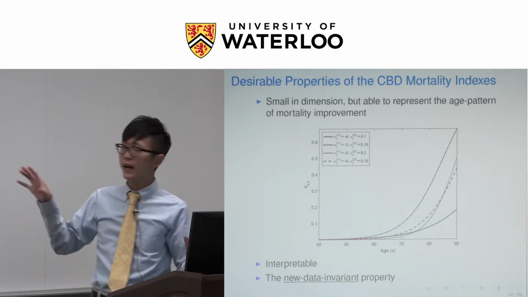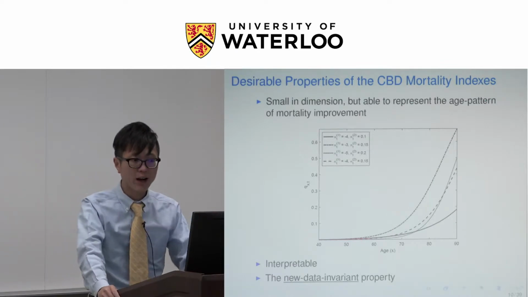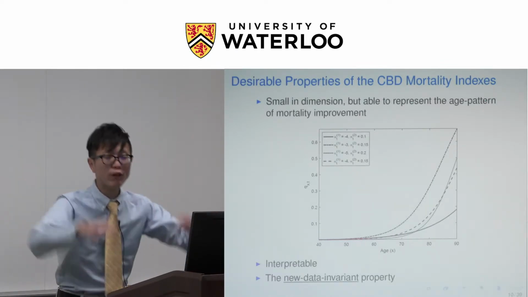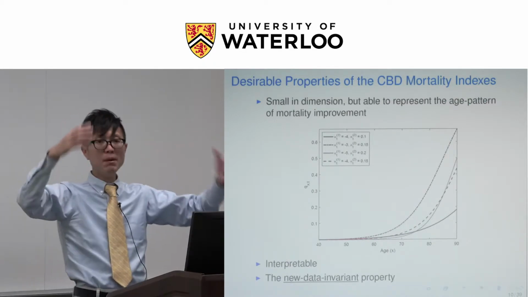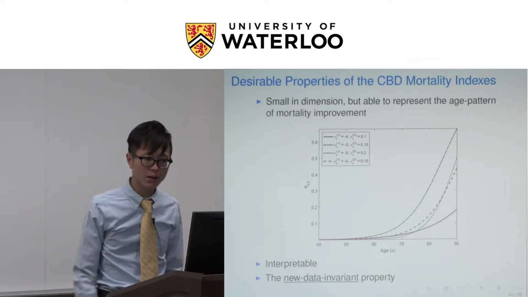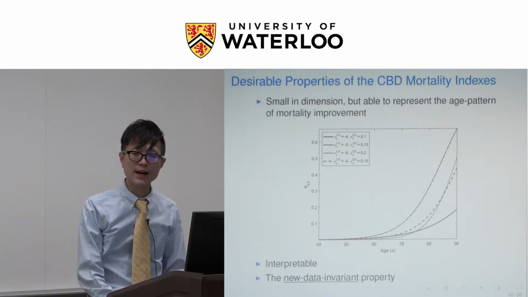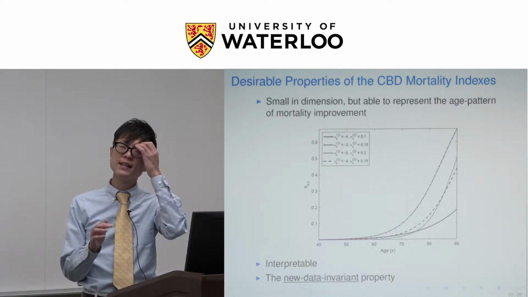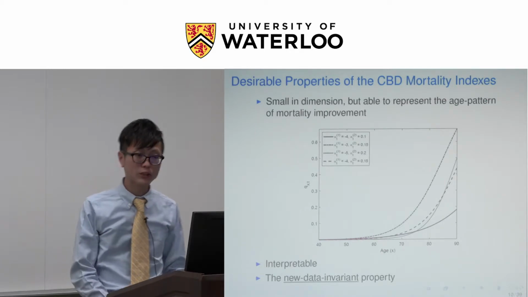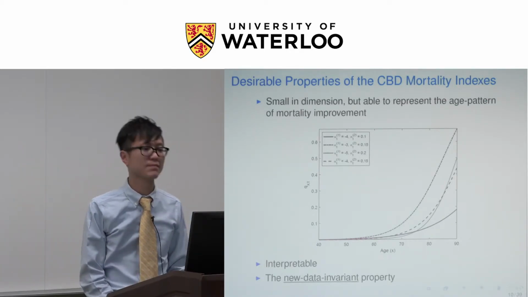As we can see, with just two parameters, we are able to generate mortality curves with very different shapes. So with just two indices, I can mimic different non-parallel shapes in the underlying mortality curve. In that sense, the CBD mortality indices may be considered as richer in information content than existing non-parametric indices.